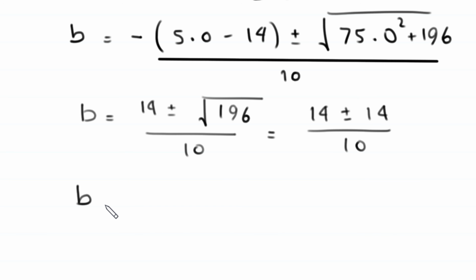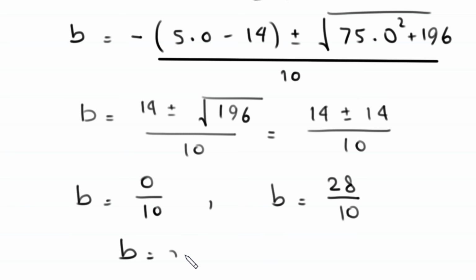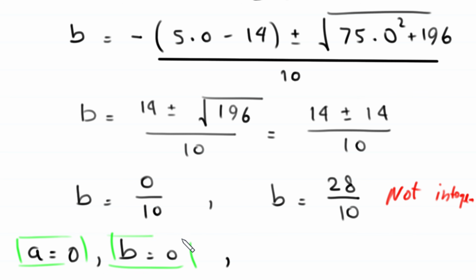It means that b is equal to 0 divided by 10, or b is equal to 28 divided by 10. From this equation b is equal to 0, and from this equation b is not an integer. So when a is equal to 0, then b will also be 0. From this second case we get a is 0 and b is 0.